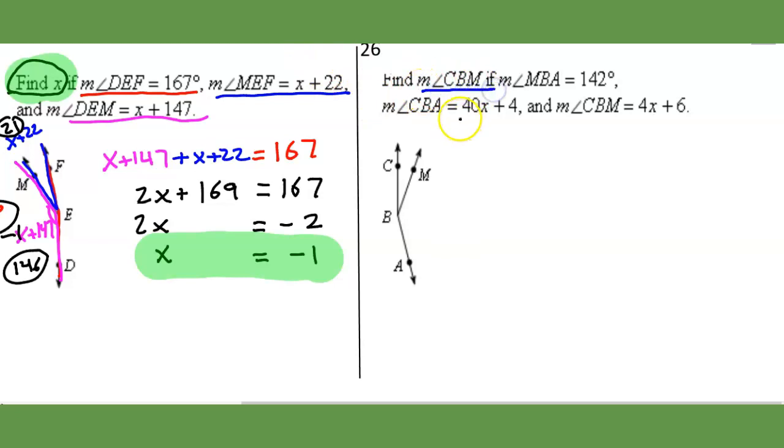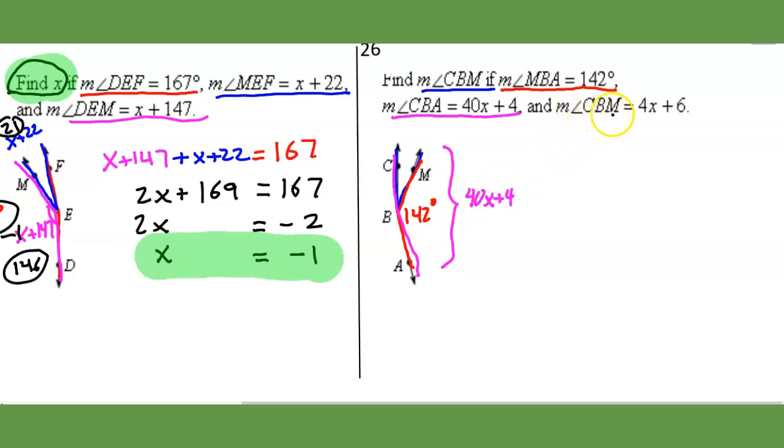CBM, we're trying to find. So we're trying to find this small angle. And we know angle MBA is 142 degrees. We know CBA, the full angle, is 40x plus 4.